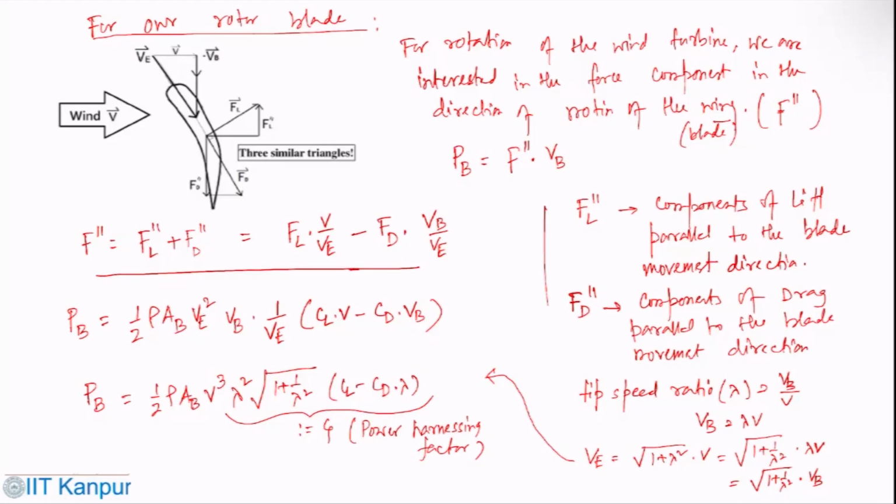So this power term tells you there are some restrictions. If lambda equals C_L by C_D, then P_B equals 0. So that means no power is generated.